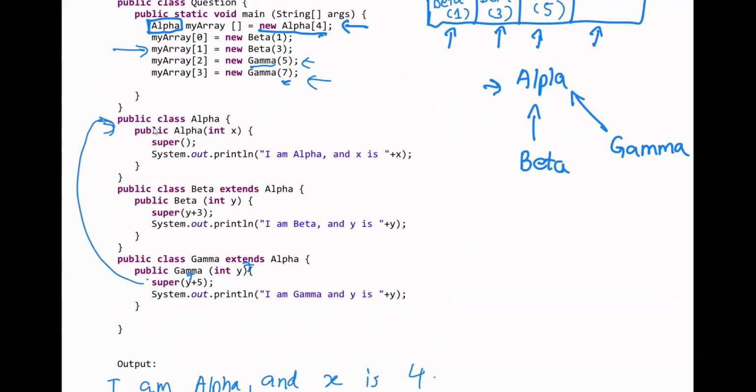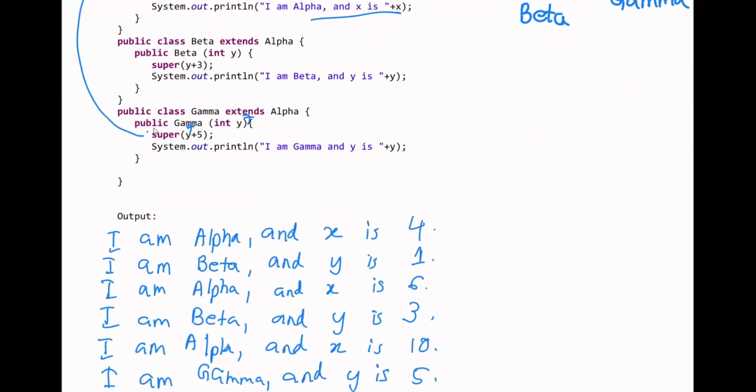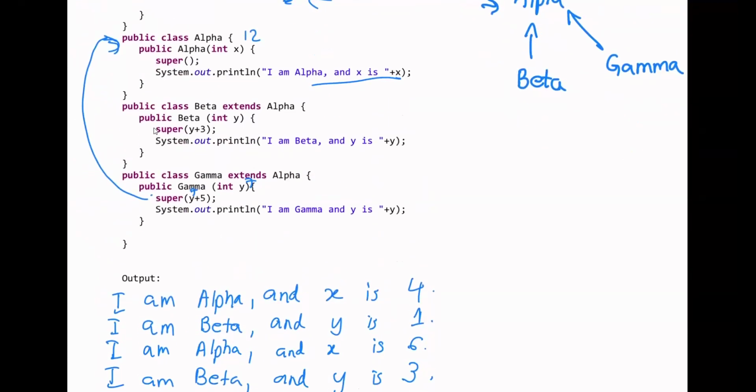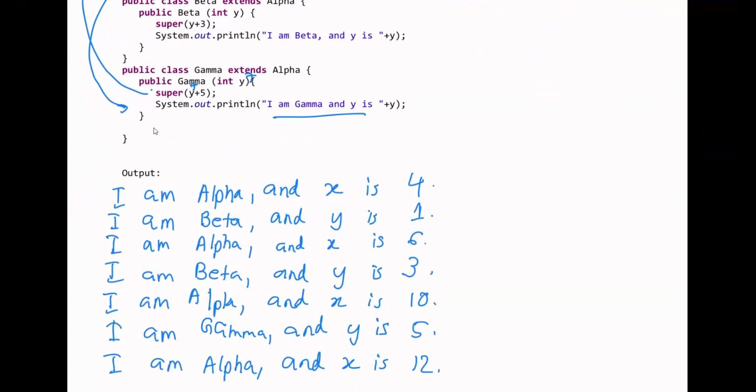So x is 12, and I am alpha and x is 12. Then finish it, go back here, and I am gamma and y is 7.